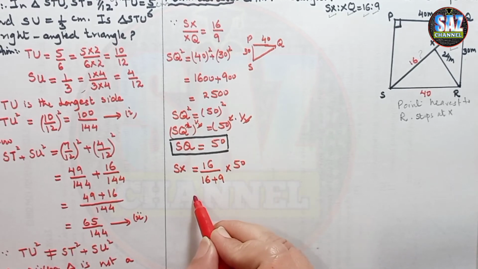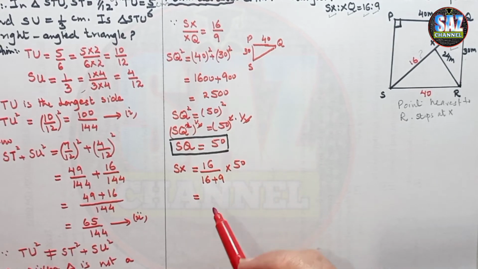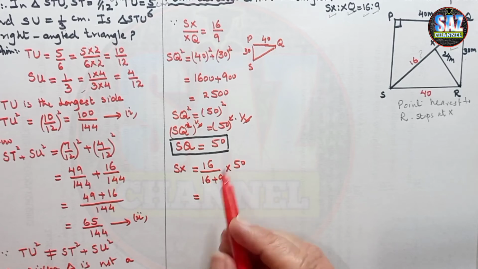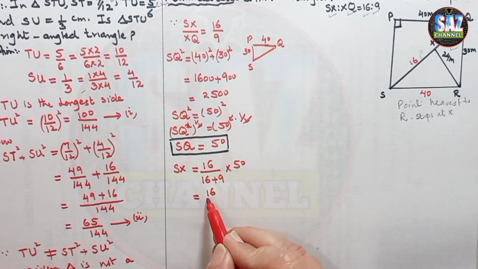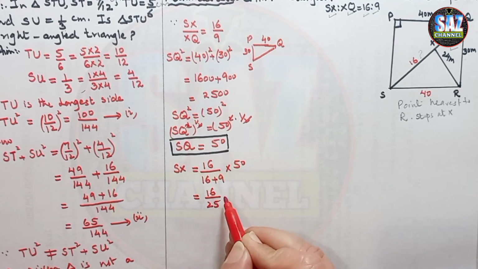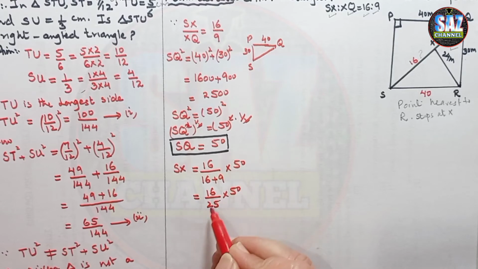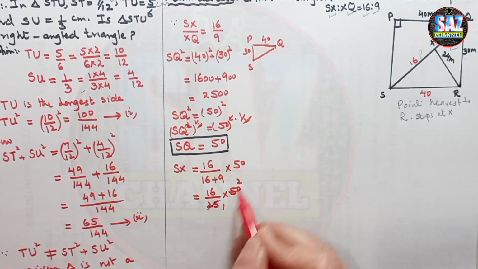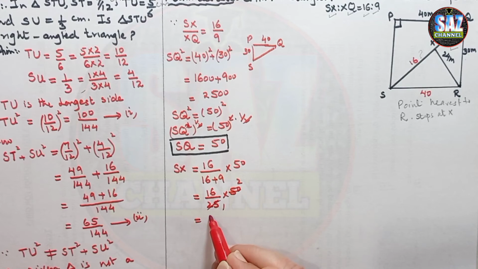You can take help from the chapter on ratios and proportions. This gives 16 by 25 multiplied by 50. 25 twos are 50, and 16 multiplied by 2 is 32.